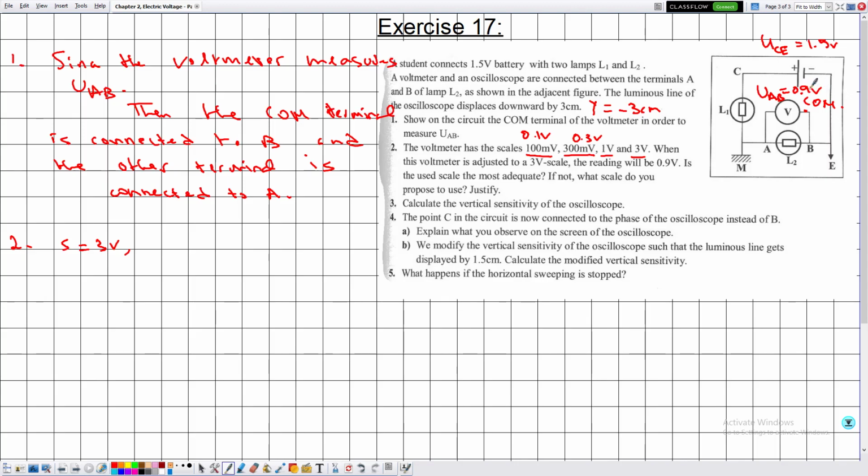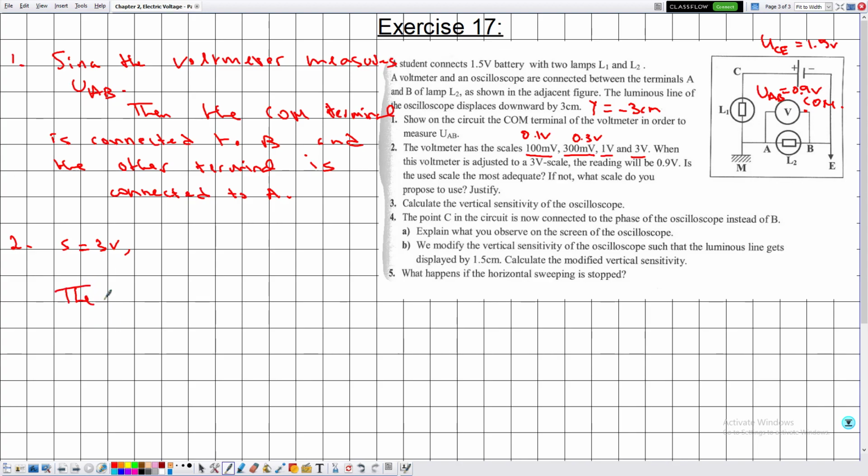Is the used scale the most adequate? The adequate means the convenient. In order to justify or to interpret this question, first let's refer to the definition of the most convenient scale.